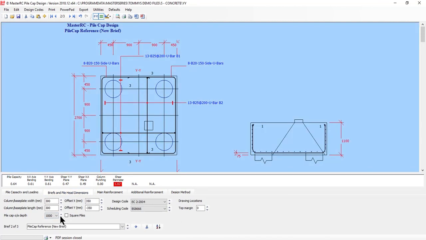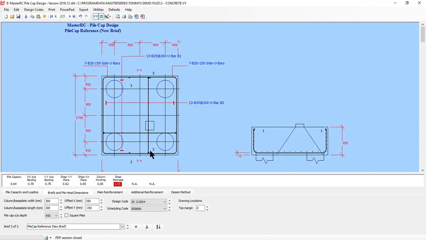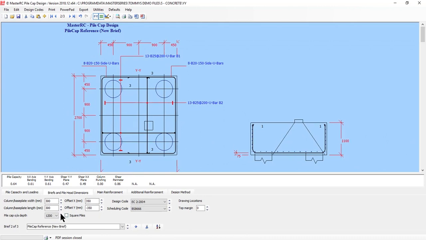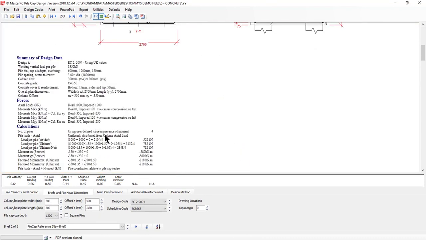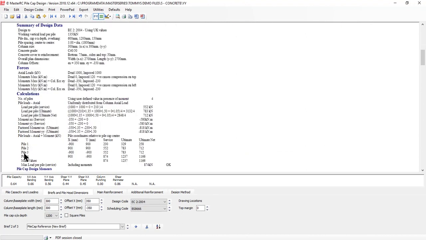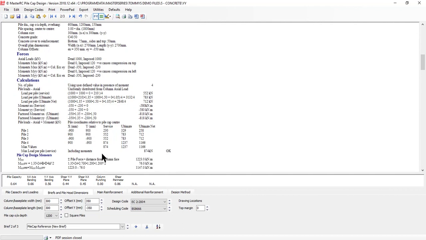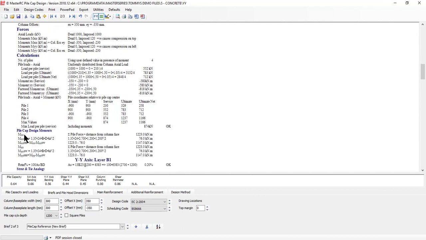So as I come down, you'll suddenly find I have problems with shear, and if you look at my results, I am looking at the moments and from that proportioning out where the ultimate loads are, and from that back calculating what the design moments were going to be from the summation of the pile loads times their distances from the surface.